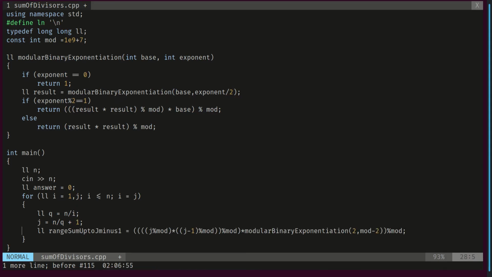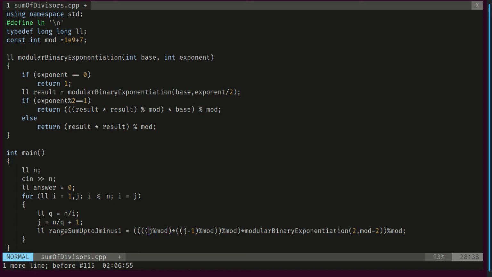So as I said, I need to calculate the range sum up to j minus 1, because remember j is the beginning of the next block, so I'll have to stop at j minus 1, and this is gonna be equal to j times j minus 1. And here I need to take mod because j can be larger than my mod, and if it is larger than say 10 to the 10th, if I multiply it by itself, it's gonna be larger than max of long.